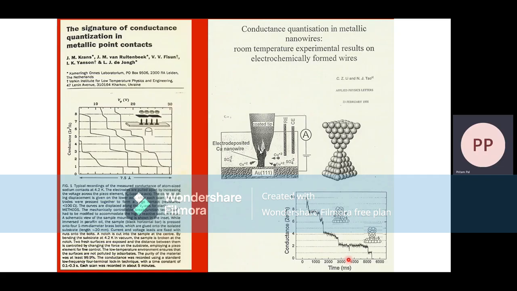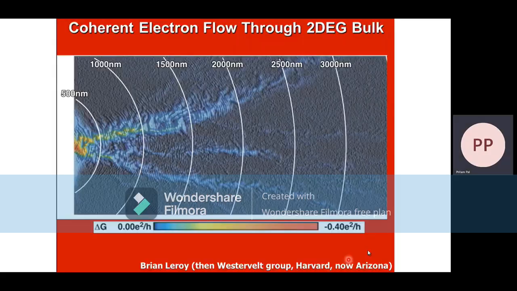The reason for this is that the Fermi energy in metals is much higher, and therefore the wavelength of the electron is much lower, of the order of 1 angstrom, of the order of one atom size. Therefore, to see the conductance quantization, one has to go down to a few atoms in the constriction.